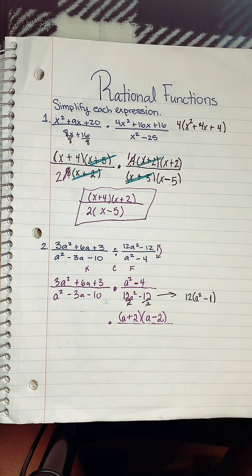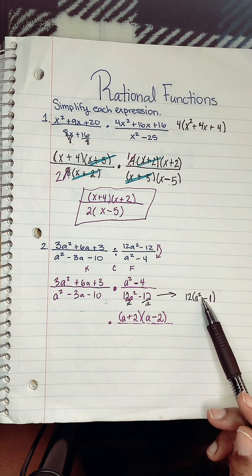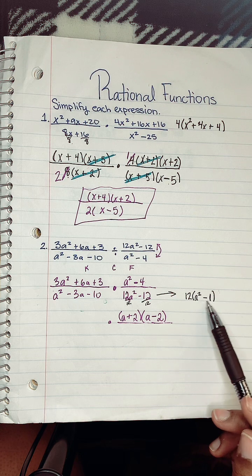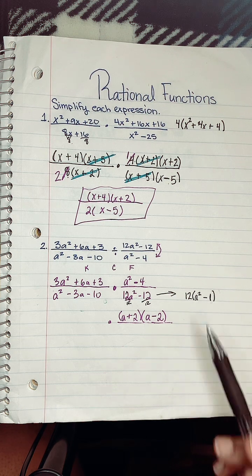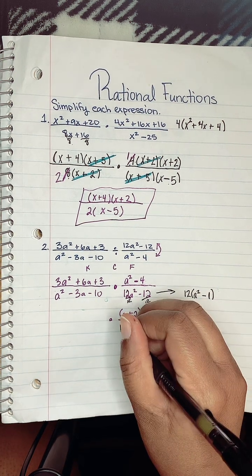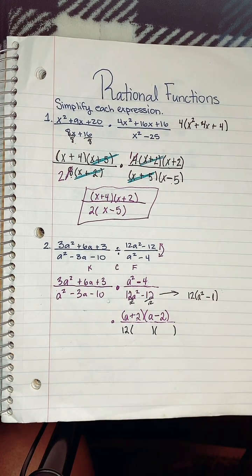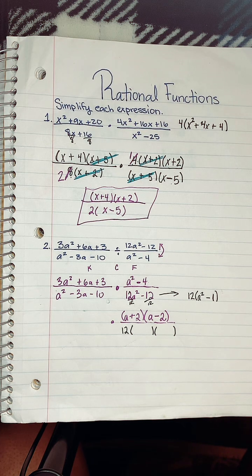Okay, now this is where it gets a little tricky, right? Because does anybody know what type of factoring this is right here? a squared minus 1? Does anybody see it? It's a difference of perfect squares. Yes, a difference of squares.